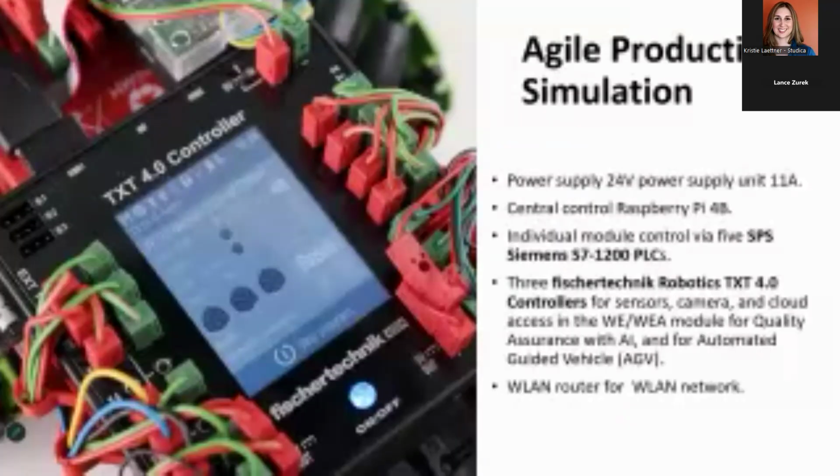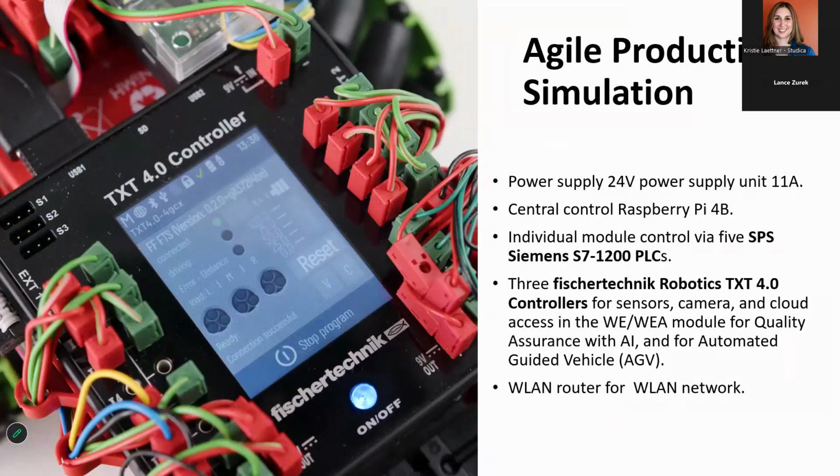So, picking up from that, let's quickly review some of the technical specifications of the APS model. First off, it's a 24-volt power supply unit, 11 amps. The central control, again, is through the Raspberry Pi 4B. Individual modules are controlled with the help of 5 SPS Siemens S7-1200 PLCs, as you saw in the photo when we were discussing that.